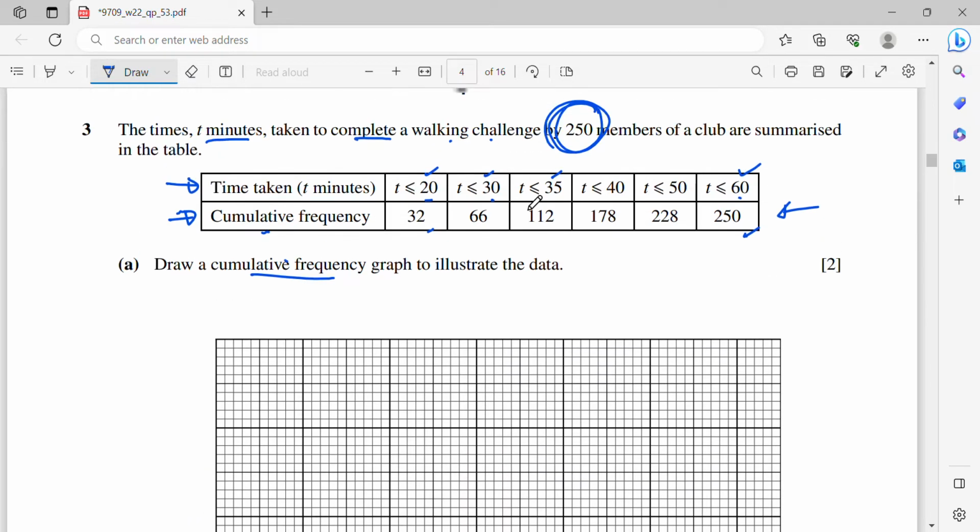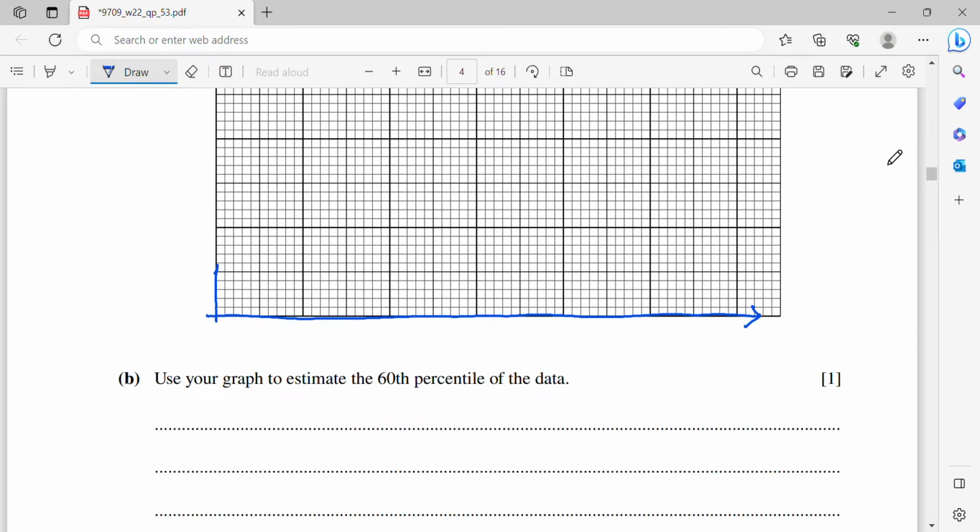So my horizontal axis is basically the time taken, and I need to label up to 60. So I let this be 10, 20, 30, 40, 50, 60.